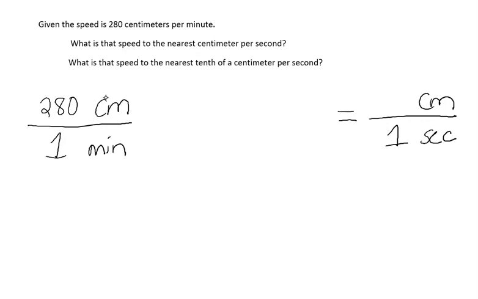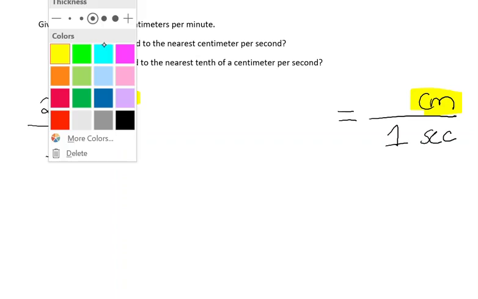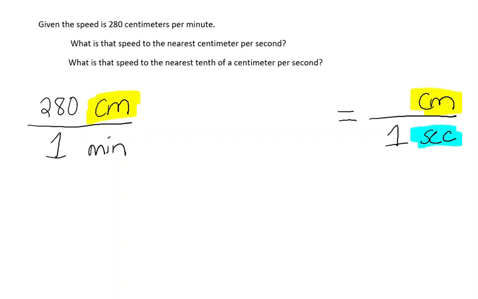So let's look. Centimeters on the top doesn't change, so we're not doing anything to cancel centimeters. Centimeters stays centimeters. When we look on the bottom, we want our answer in terms of seconds, and we were given a speed in terms of minutes.